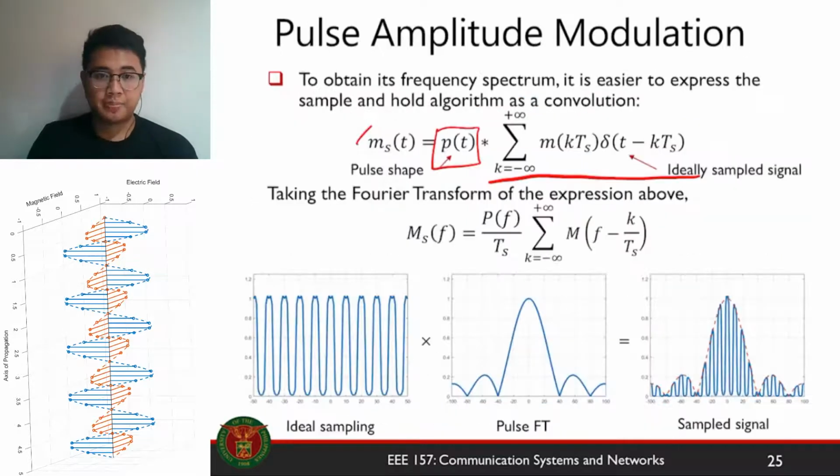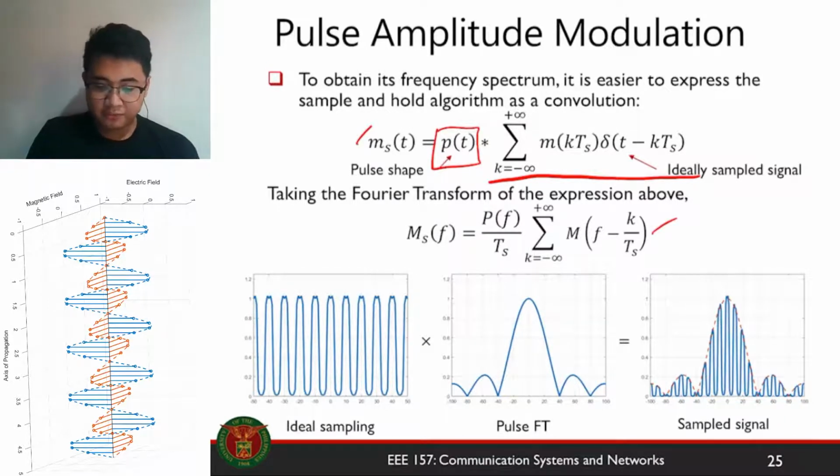Your sampled signal can be expressed as a convolution between your pulse and your ideally sampled signal. So what does that mean in the frequency domain? In the time domain you have a convolution, but in the frequency domain we have quite simply just a multiplication.